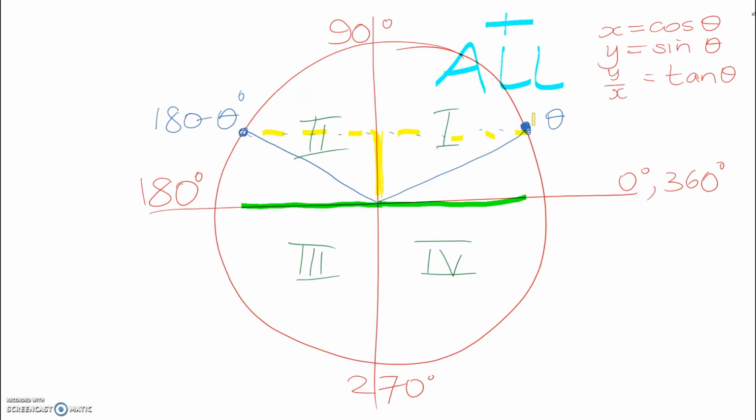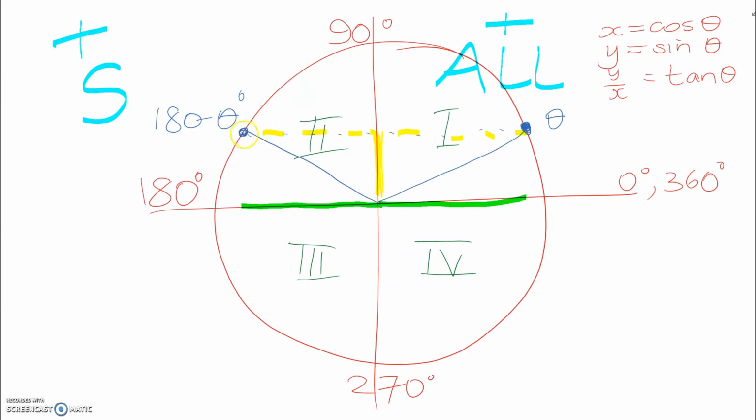So I can say that in quadrant 2, the cos is negative, but the sine's positive. So sine's positive, cos is negative, which means tan's going to have to be negative, because as soon as you've got one of them negative, then sine over cos, which is tan, has to be negative. So the only one positive in this quadrant is sine.